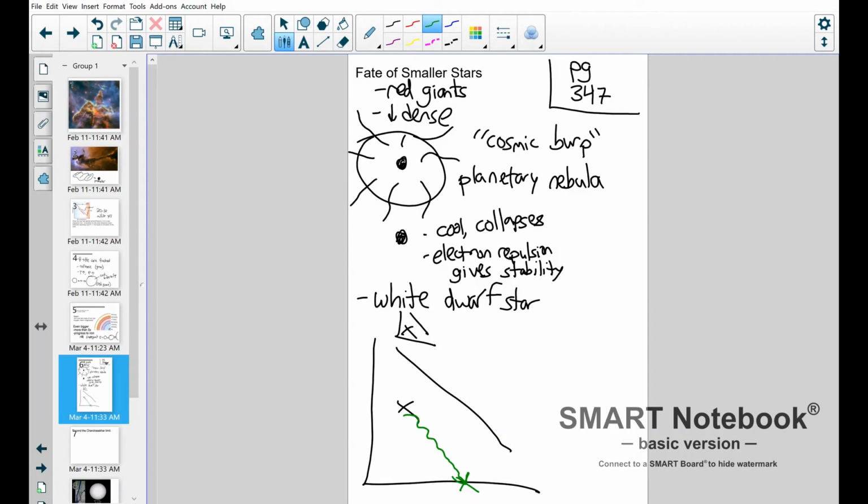The universe has not been around long enough to suggest that these black dwarfs exist. There just hasn't been enough time that's passed by, because this radiates very, very slowly. So once millions and millions more years have gone by, we might be able to tell if this is a real thing, but we're not sure at this point.